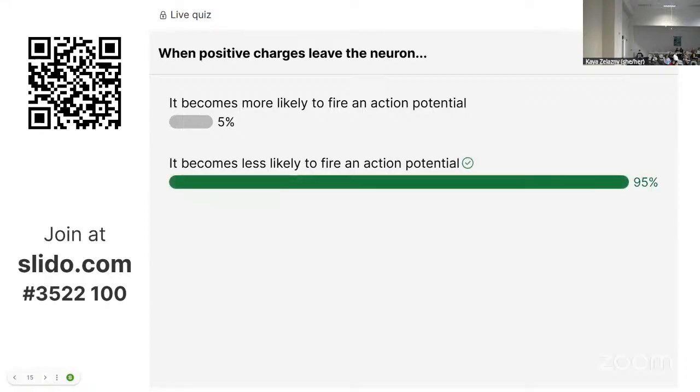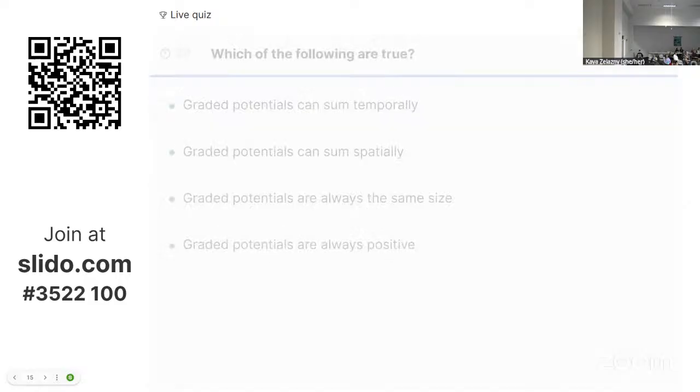Like if we go from -70 to -85, like we do during that after hyperpolarization at the end of the action potential, which we also know is essentially our relative refractory period, this makes it harder to fire an action potential. If extra positive ions are leaving, we're becoming more negative. We're not likely to fire a new action potential unless we have some really strong stimulus come in and counteract this.